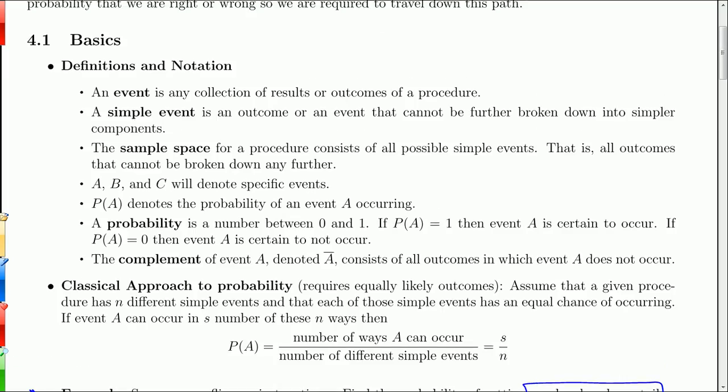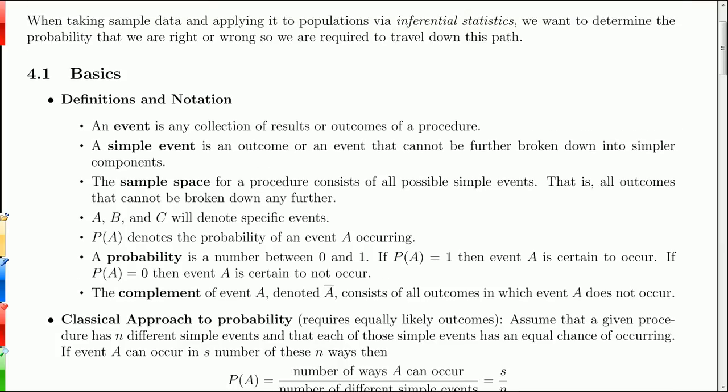It'll make more sense if I can describe these things in the context of a problem. The first thing we start off with: an event is any collection of results or outcomes of a procedure. In our case with the coin toss, the event of my concern is getting 1 head and 1 tail. The procedure is flipping the coin twice.